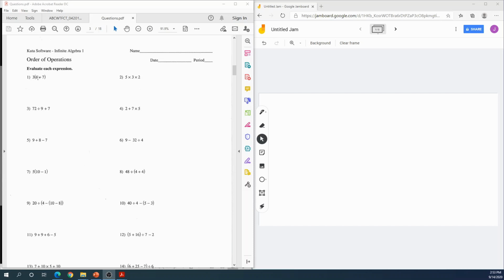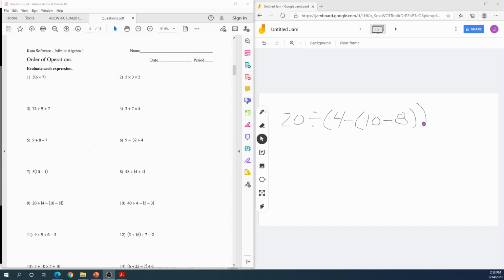Let's jump on down here to problem 9. Let's keep moving on this. So this one looks a little more fun. We've got 20 divided by, in parentheses, 4 minus, parentheses, 10 minus 8.